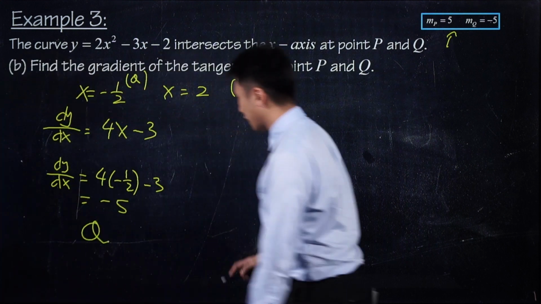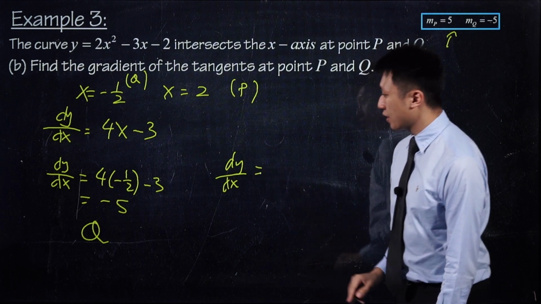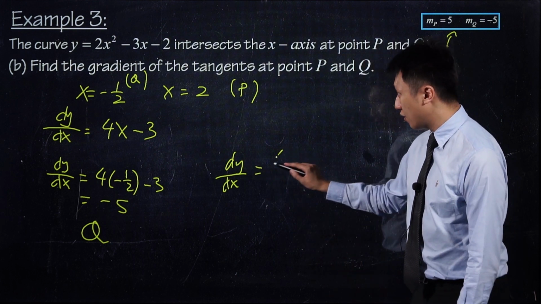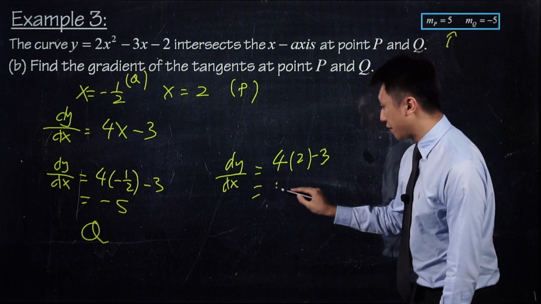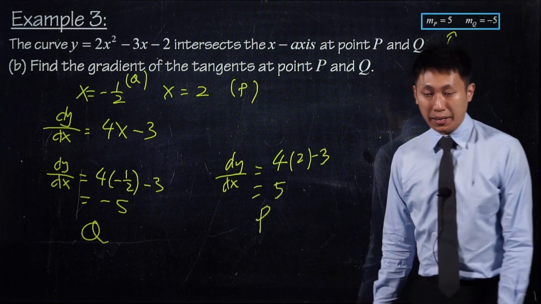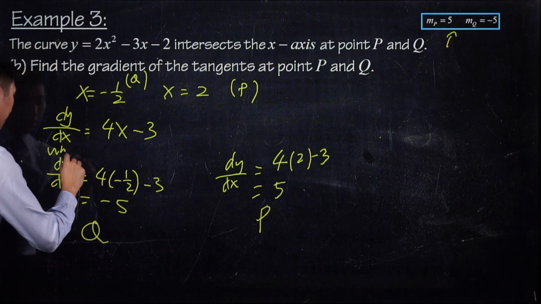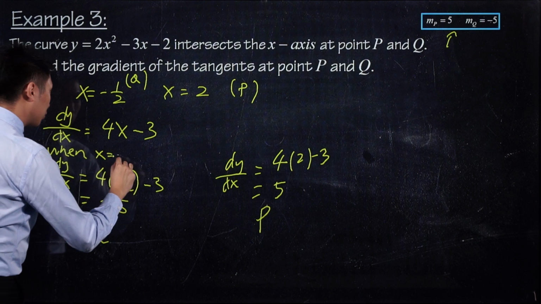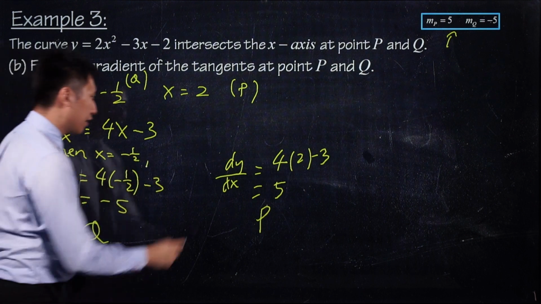Okay, the next one. dy/dx is equal to what? 4 times 2 minus 3. So this one is 5. So this is for point P. So normally I have to write this: when x equals negative 1 over 2, dy/dx is this. Okay, so it's clear.